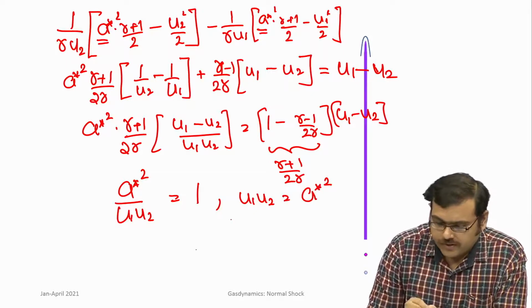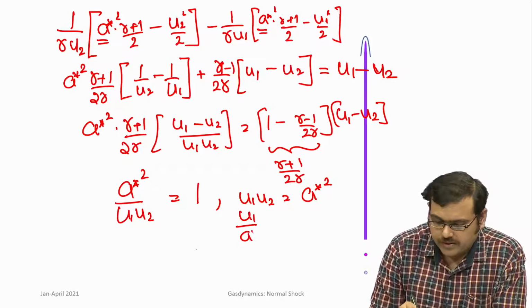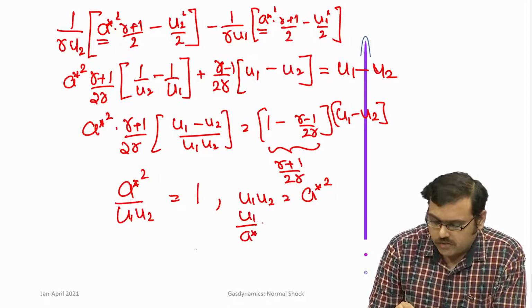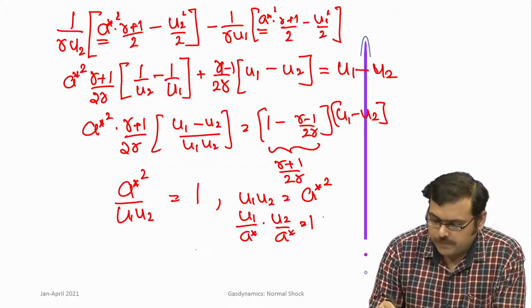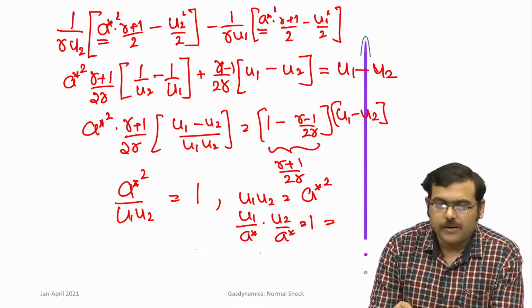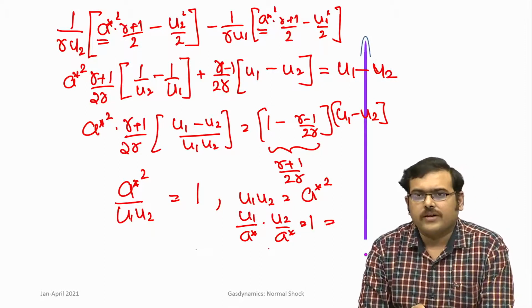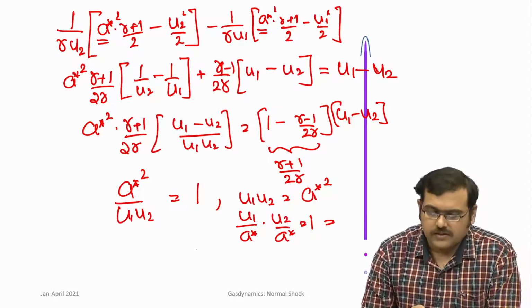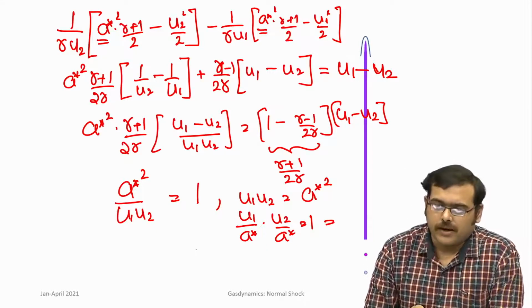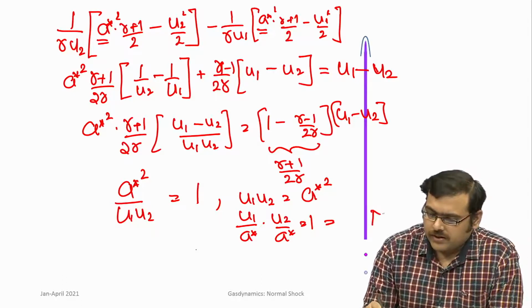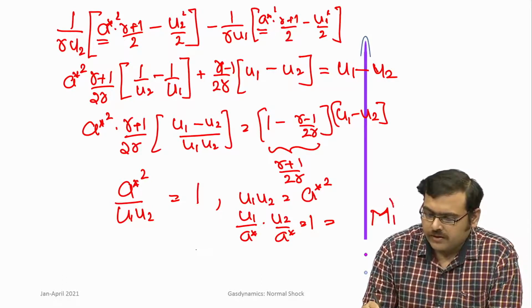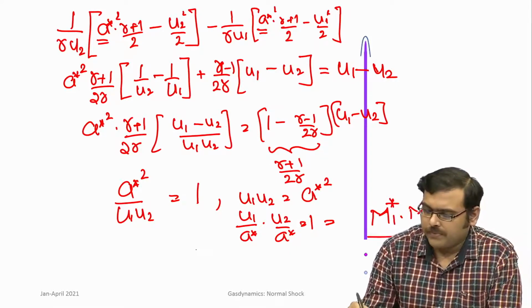So if you divide this by a star square, you will get u1 by a star, u2 by a star equal to 1. With this, u1 by a star is something that we already know from our previous discussions. It is the star Mach number. So this gives rise to the relation M1 star multiplied by M2 star is equal to 1.